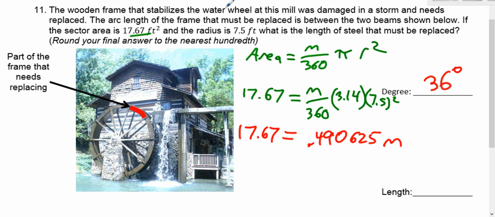So now that you know the angle, now you can find the length of that segment using that same formula, or a very similar formula, not the same formula. Length equals m over 360, so 36, because we know the angle now, times 2 times pi times r.